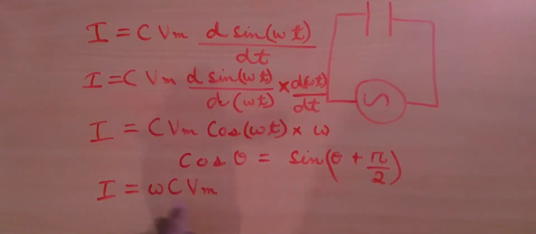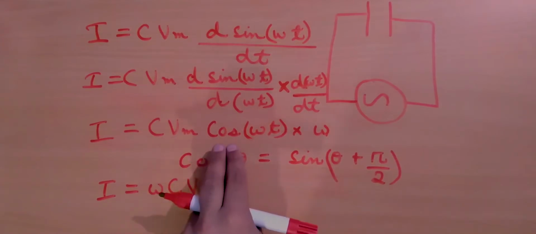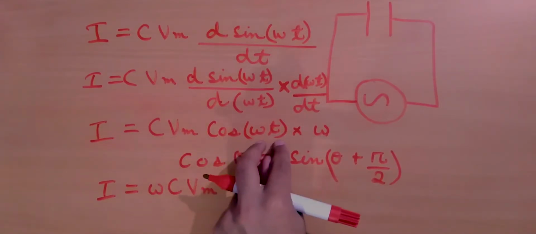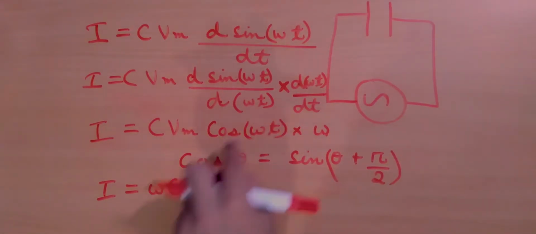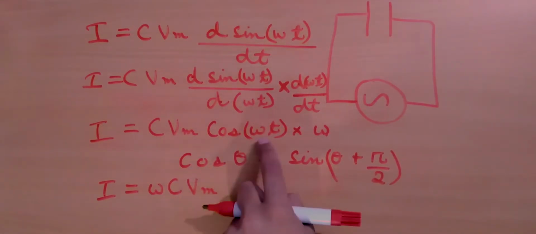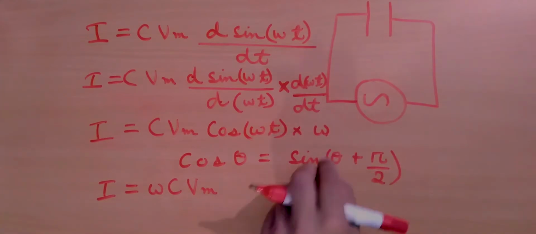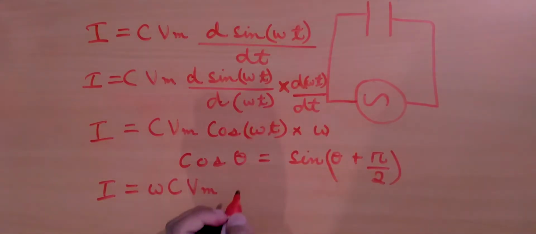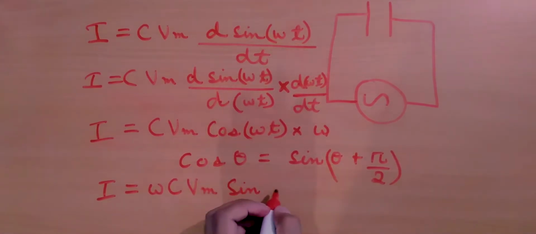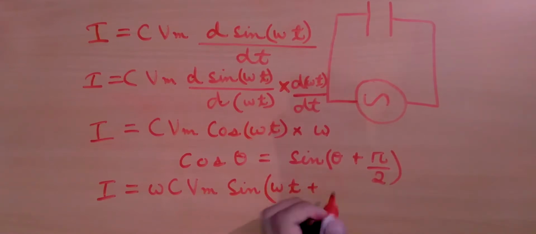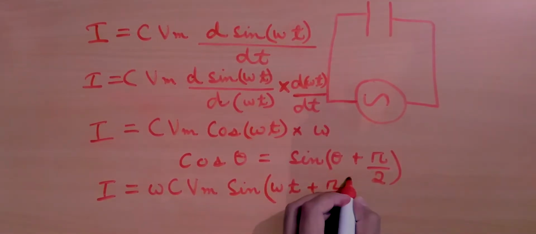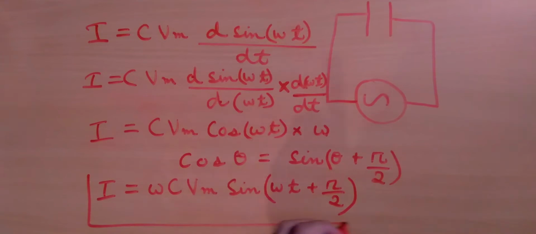Those three are the constants. And now instead of writing cos omega t, I can use this identity with theta as my omega t, and write sin of omega t plus pi by 2. And I am there.